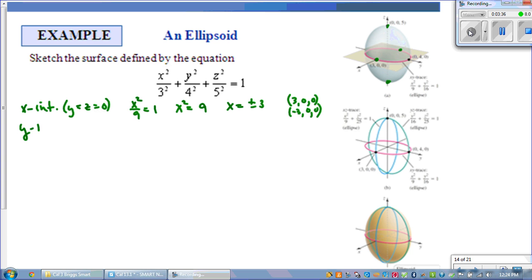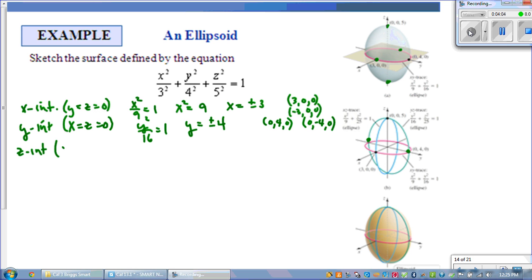The y-intercept, we'll let x and z be 0. So we'll have y squared over 16 equal to 1. So y is plus or minus 4. So that's where the graph crosses the y-axis, the points (0, 4, 0) and (0, -4, 0).